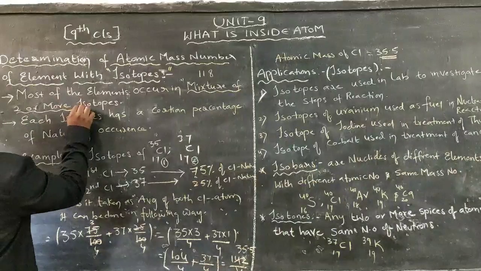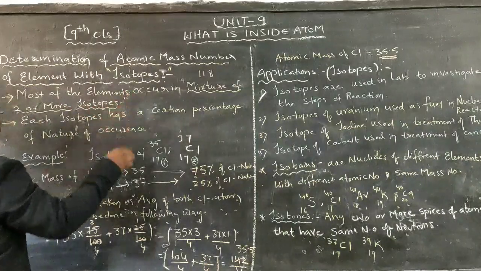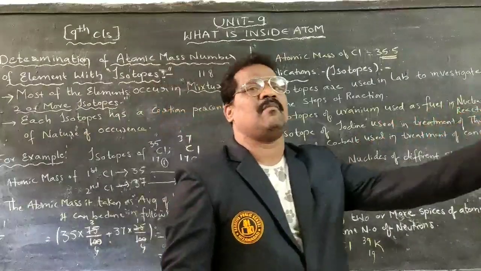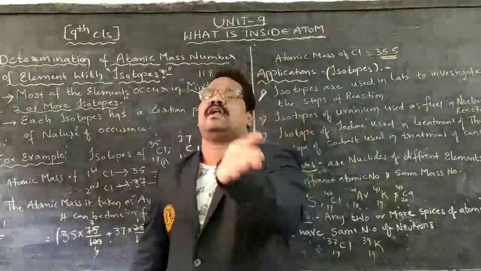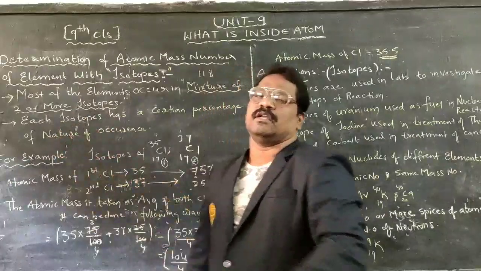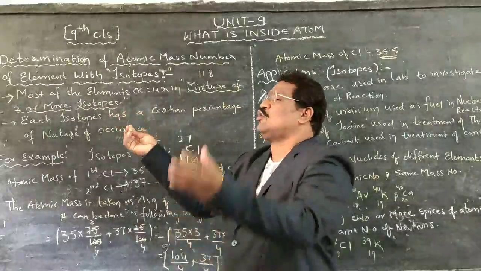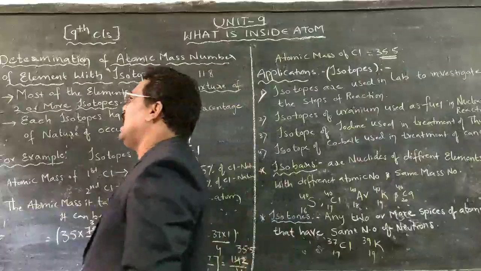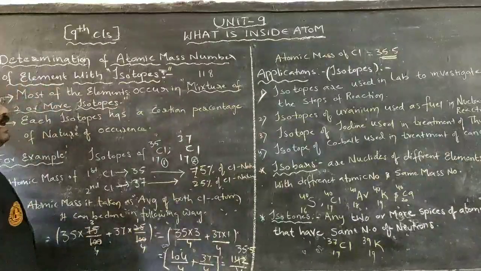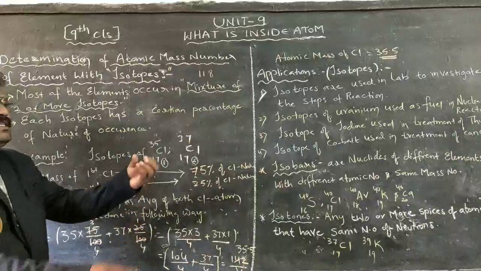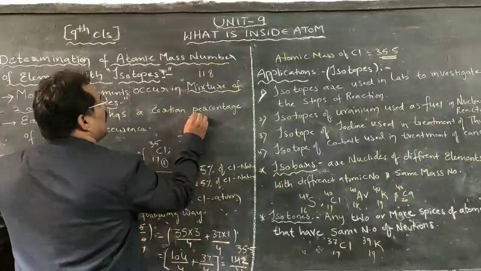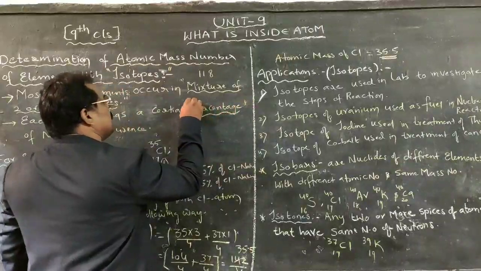They can be obtained in the form of mixtures with two or more isotopes having the same atomic number but different atomic mass number. Each isotope has a certain percentage of occurrence in native stage.